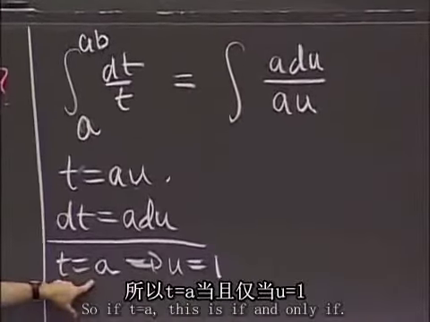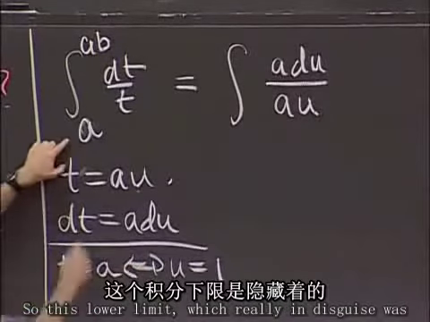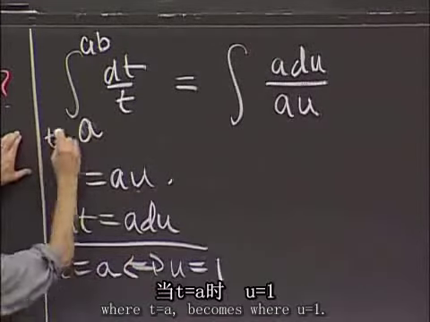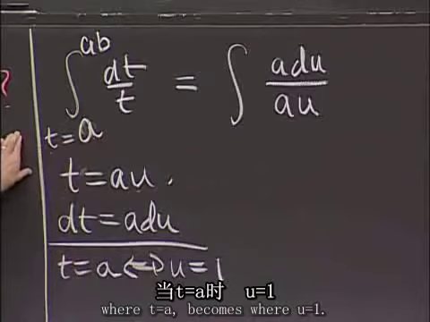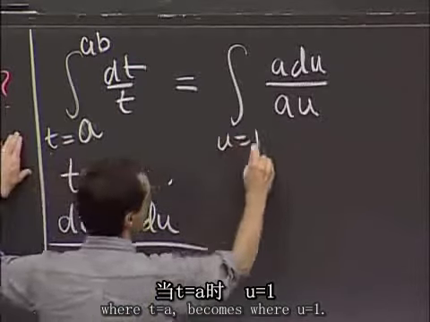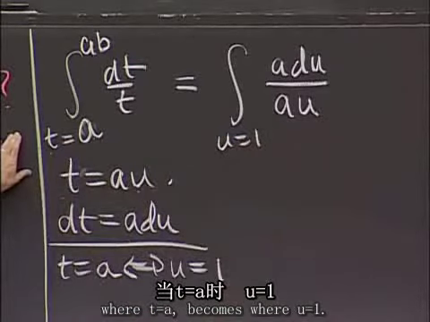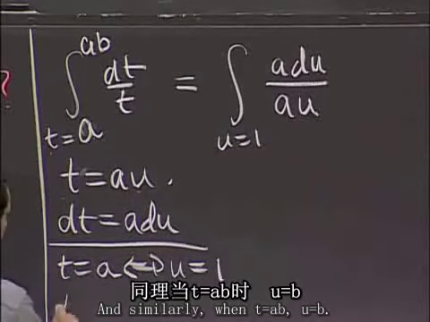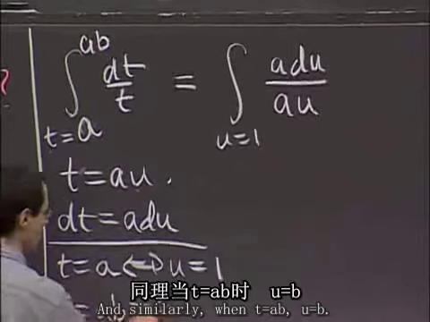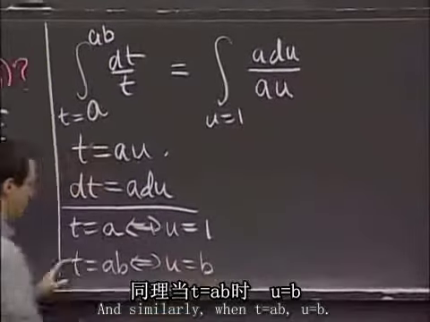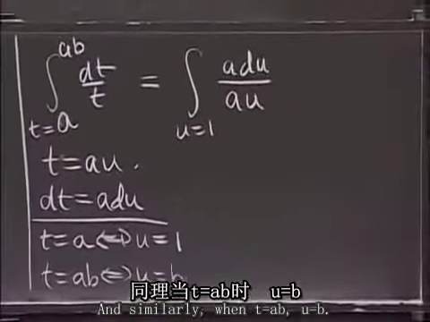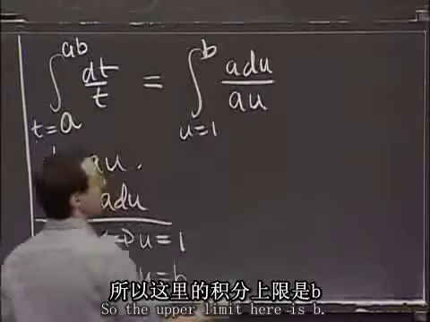So t equals a if and only if u equals 1. This lower limit, which in disguise was where t is equal to a, becomes where u is equal to 1. And similarly, when t is equal to ab, u is equal to b. So the upper limit here is b.